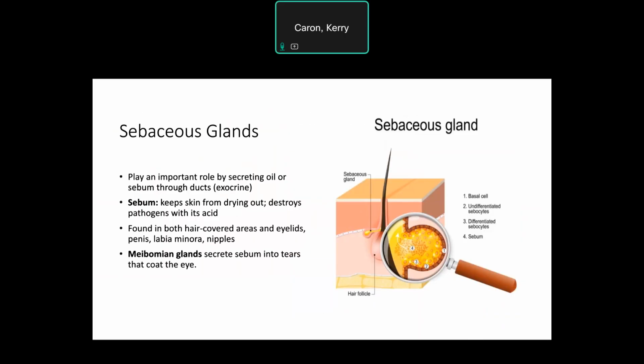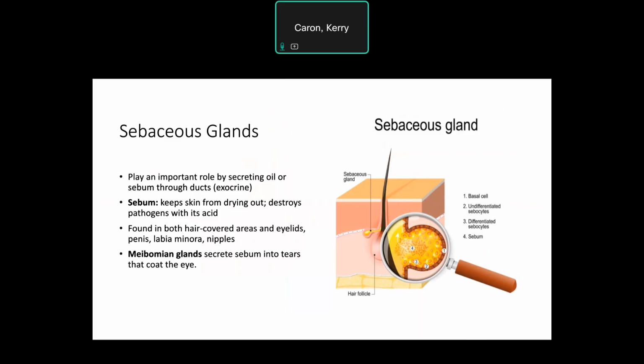Sebaceous glands are oil producing, or sebum. Sebum is the correct word for oil. It keeps the skin from drying out. It keeps us nice and well preserved. It also has a mild acid in it that acts as an antimicrobial, so it destroys pathogens.